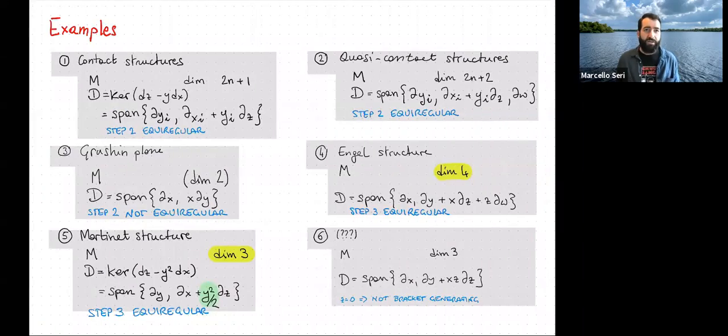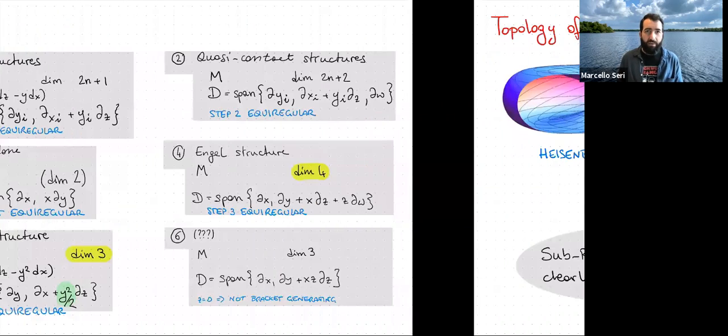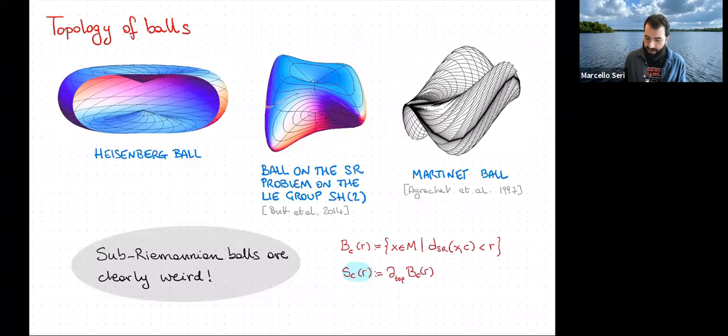You see that there is not just the structure that I was describing before. Let's come back to the balls. In fact, what I'm talking about is the spheres, the topological boundaries of balls of radius R. But one question that people had is, given that balls are so weird, and you see 3 different balls in the picture, if the radius is small enough, do they look like Euclidean balls? After all, the distance induces the same topology as the underlying manifold.